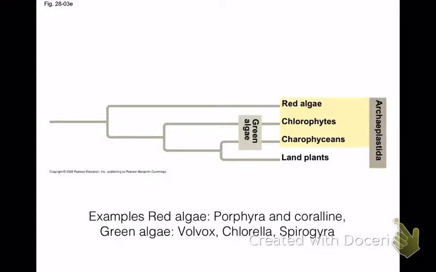And green algae are named obviously because of their green color, and they get that from the chlorophyll pigments that are found in the plastid, in the chloroplast. And all of these organisms have plastids that are derived from the primary endosymbiosis, so that's why they are referred to as Archaeplastida, or ancient plastid.